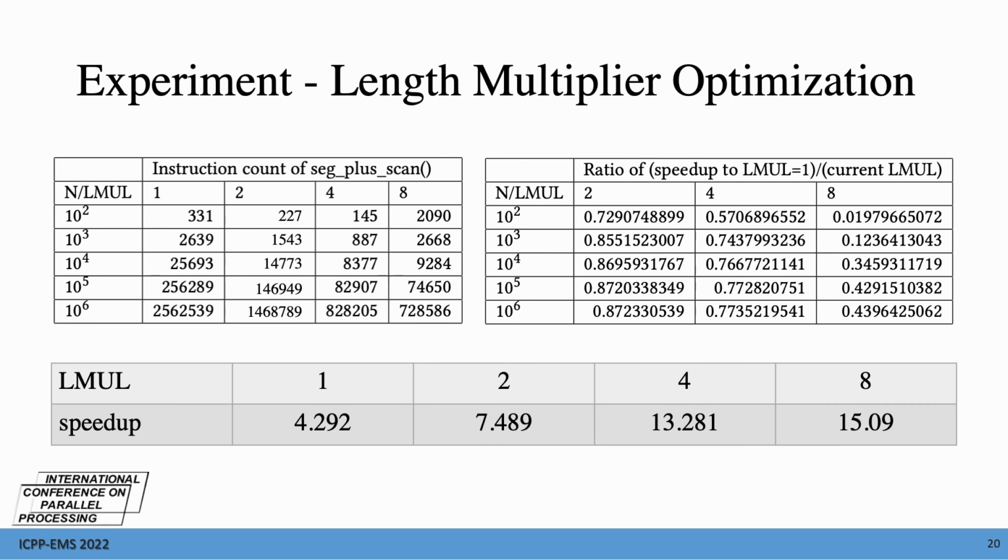For n equals 100, using the largest LMUL even takes more instructions to complete. This is because the total number of vector registers does not change. So larger LMUL will take up all the registers and cause register spilling. Hence, more instructions count. However, when the number of elements is large enough, larger LMUL achieves the best speedup.